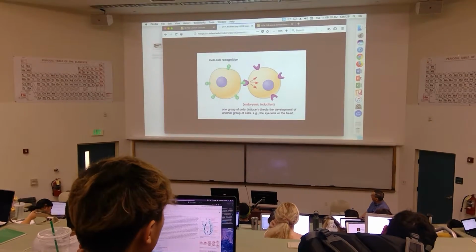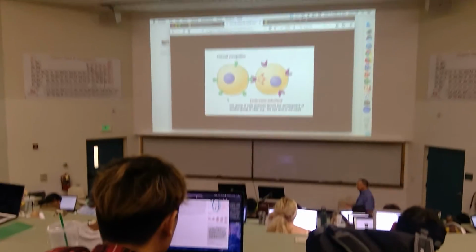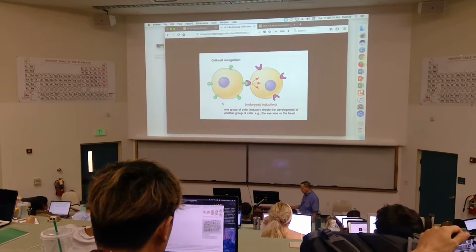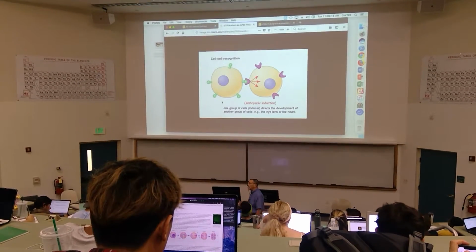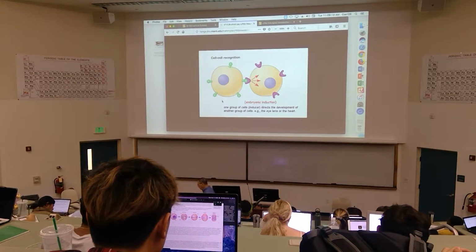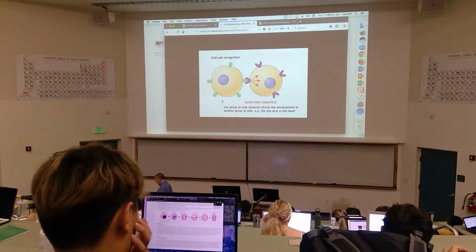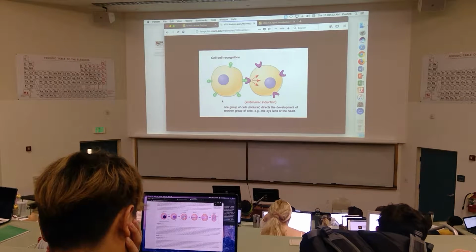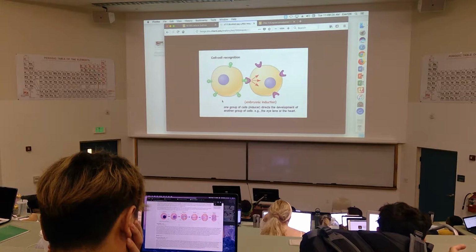Another example is using receptors to bind to signal molecules embedded in the membranes of other cells to bring the two cells into close contact. This turns out to be a very important process in embryological development in a large number of organisms.